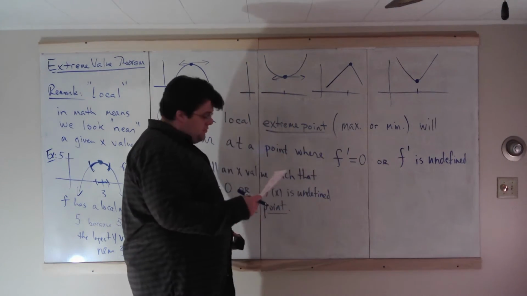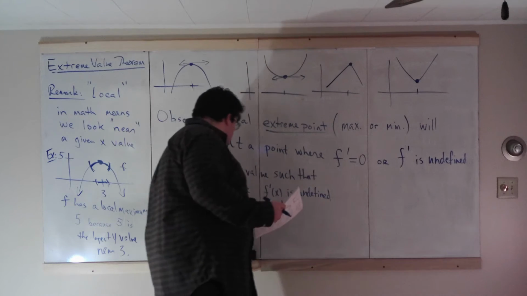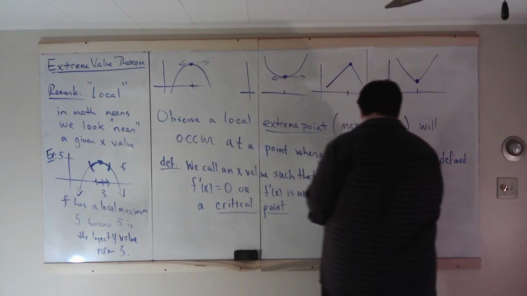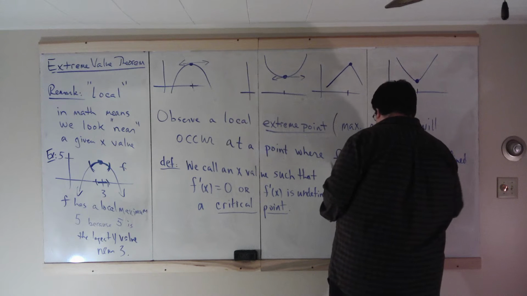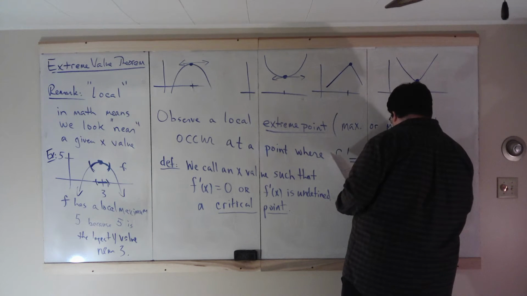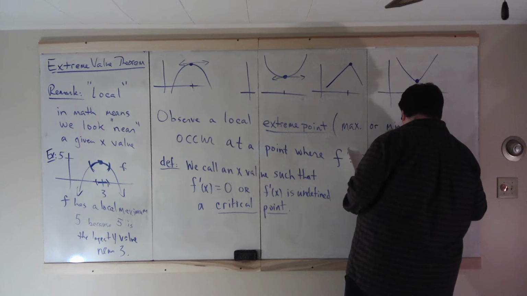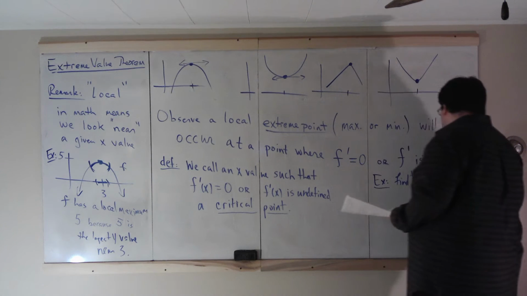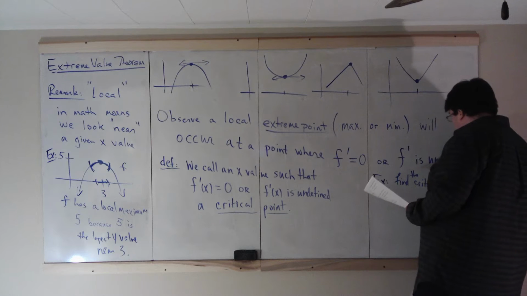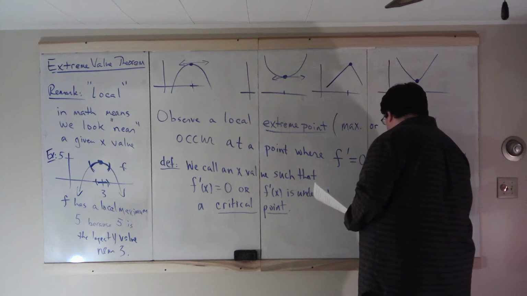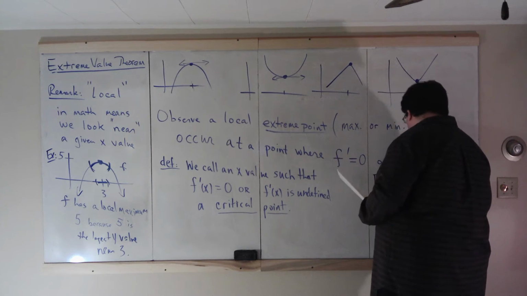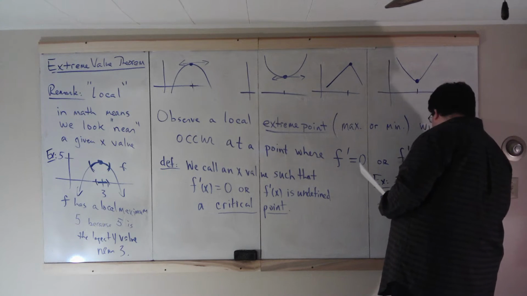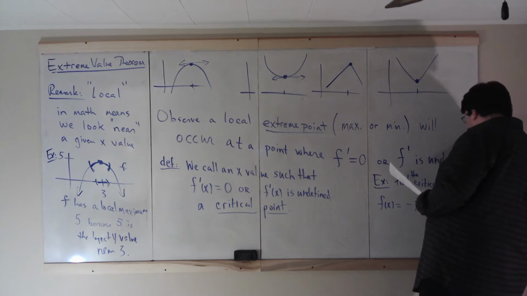So let's just do an example. Example, find the critical points for this function f of x equals negative x squared plus 3x minus 2.